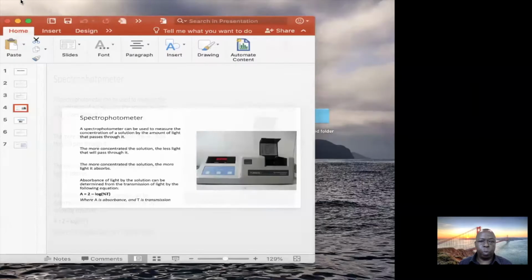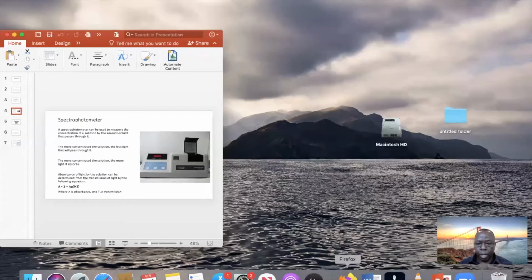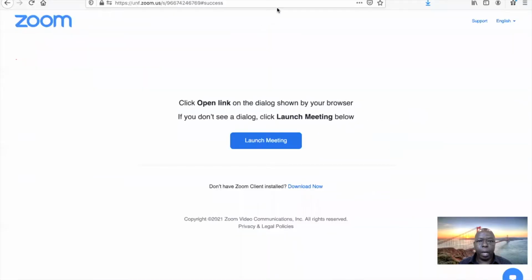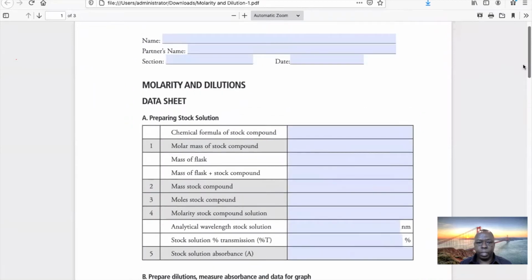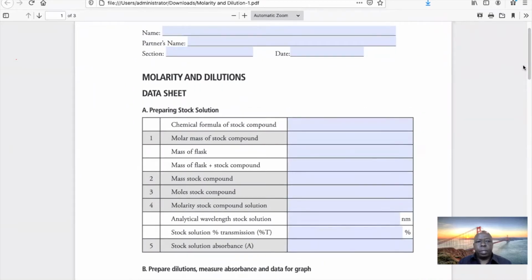Using a spectrophotometer. Let me just real quick show you the data sheet. You need to fill in your name, the section and the date.